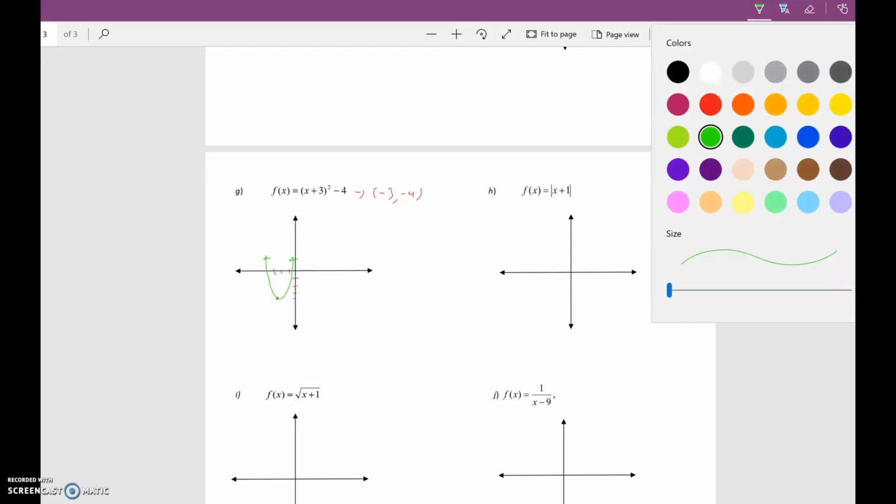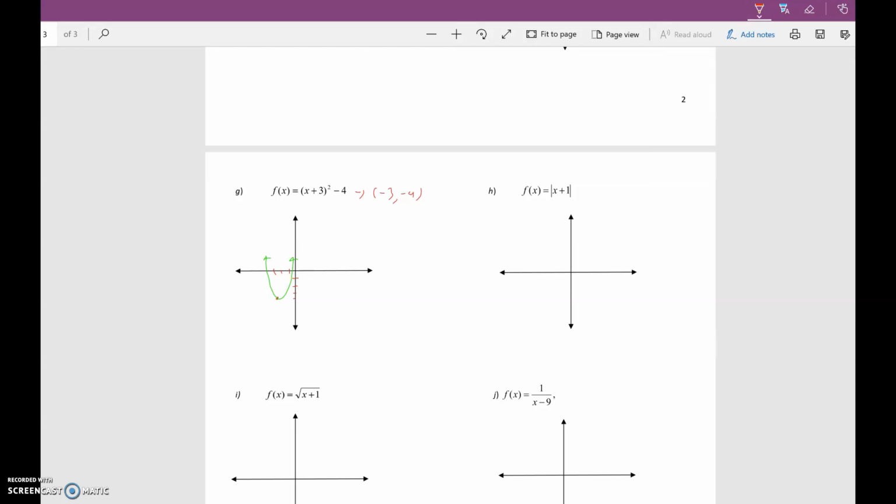Next one, absolute value function. So negative 1 comma 0. And then you're going to have a V going in that direction.